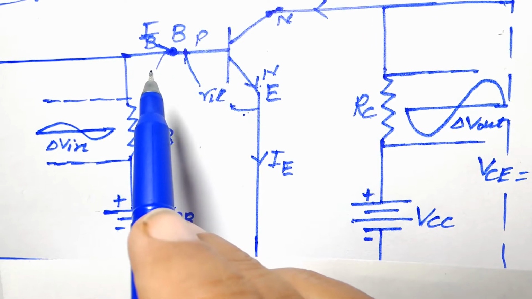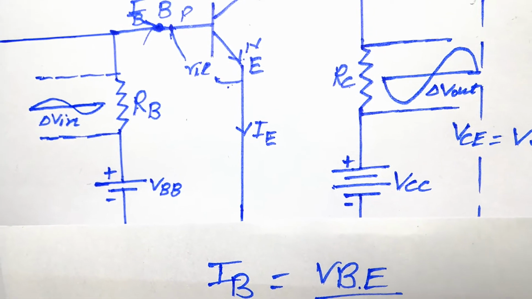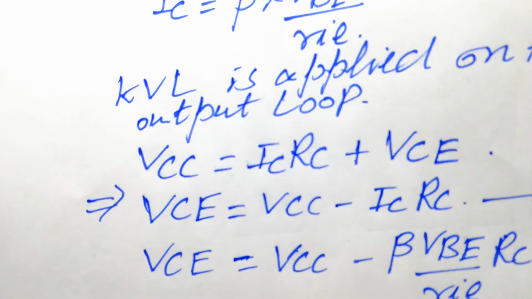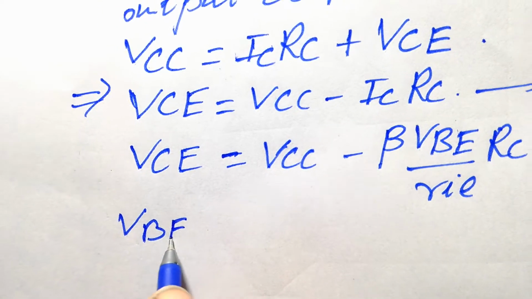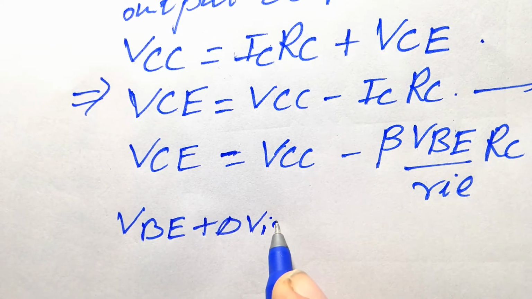Then the input voltage changes from VB to VB plus delta VIN.